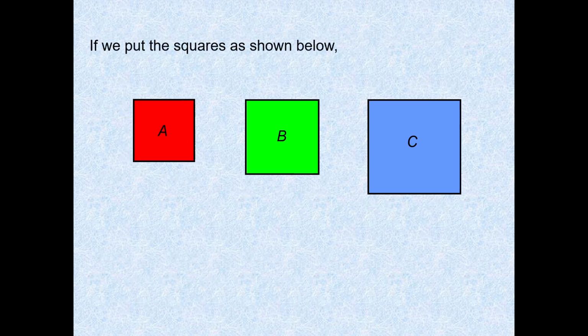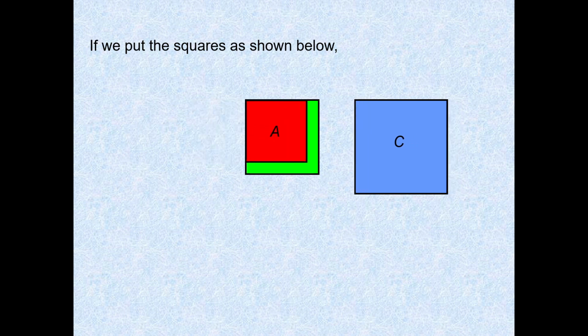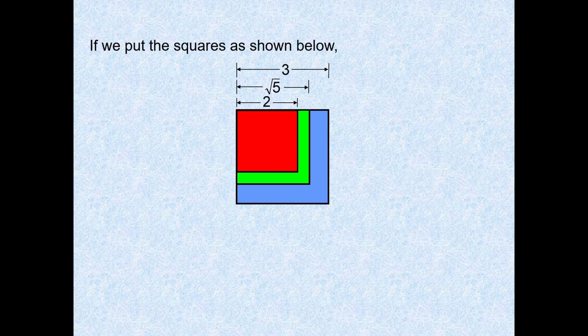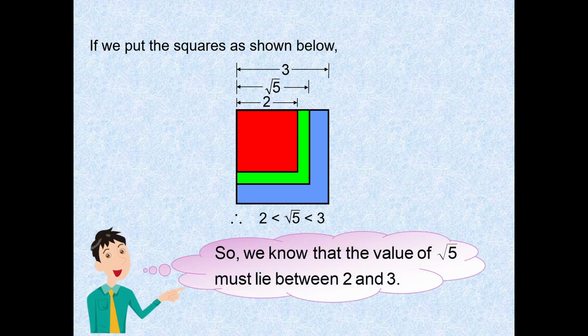So we put the three squares in this way and combine them. Then we can see that by comparing the lengths of the sides, the square root of 5 is in between 2 and 3. So this is the estimation.